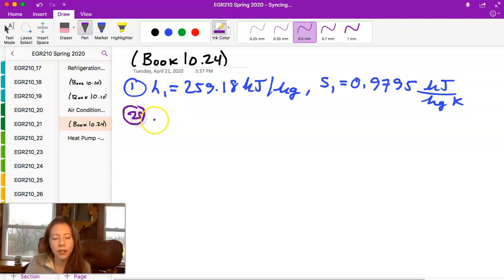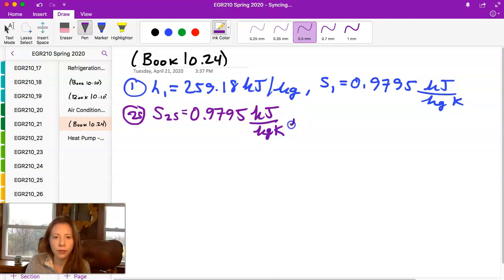So for the isentropic state, s2s is equal to s1, which is 0.9795 kilojoules per kilogram Kelvin. And from that, we can find h2s is 280.68 kilojoules per kilogram.